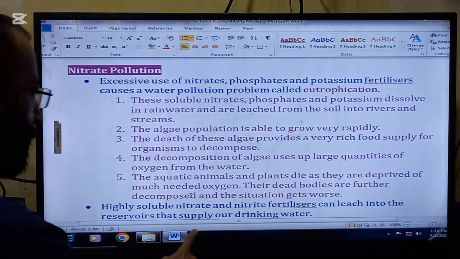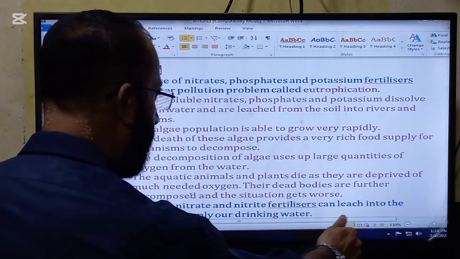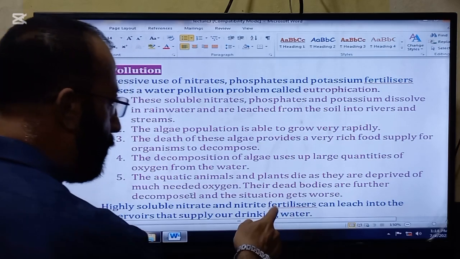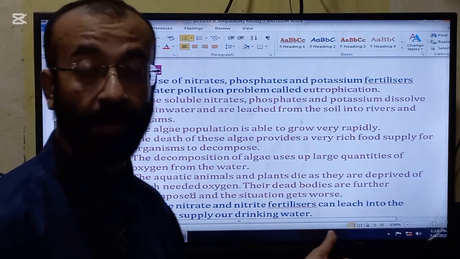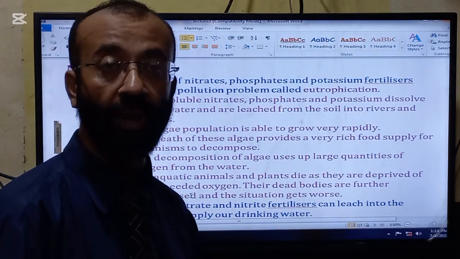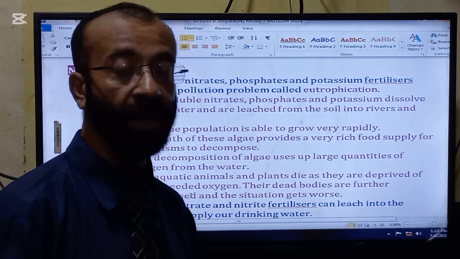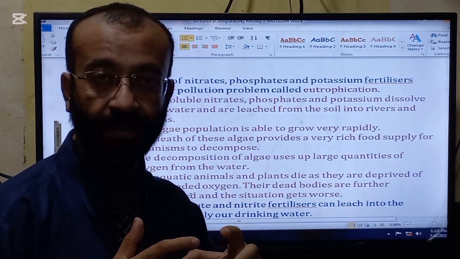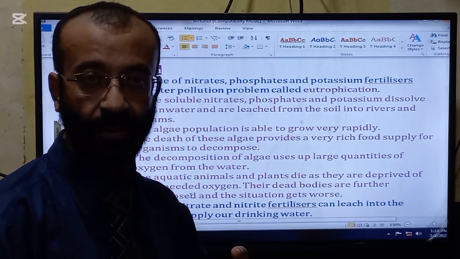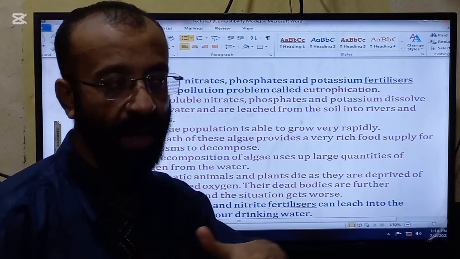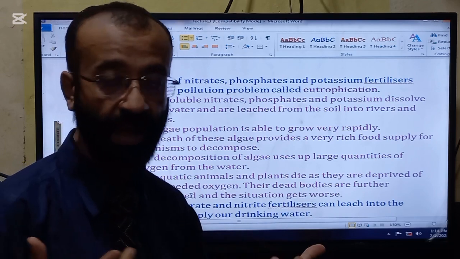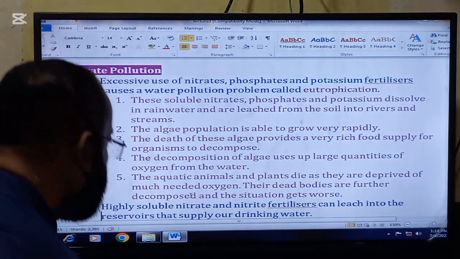Highly soluble nitrate and nitrite fertilizers can leach into the reservoirs that supply our drinking water. So look here, here is another problem of excessive use of NPK fertilizers. When water dissolves NPK and leaches into the ground, that water actually comes into the reservoirs from where we get drinking water. So look now.